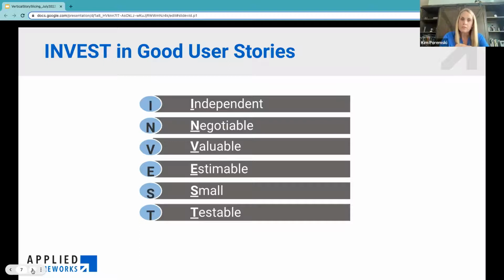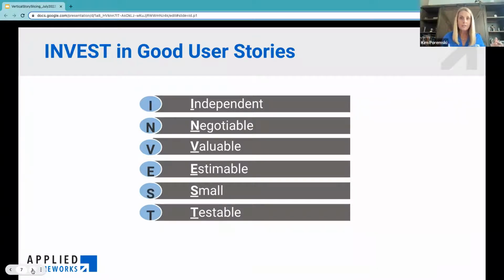We also want stories to be negotiable. Going back to that card concept, you want to have enough detail so the team knows how to move forward, but you don't want it to be so prescriptive that there's no room for innovation, creativity, or negotiation.